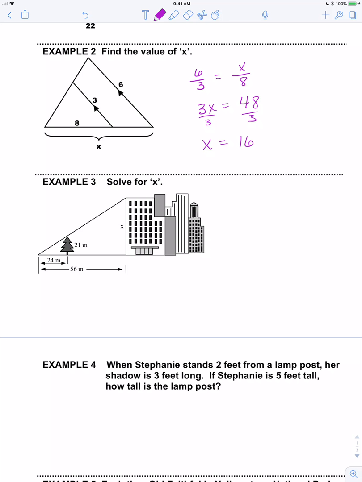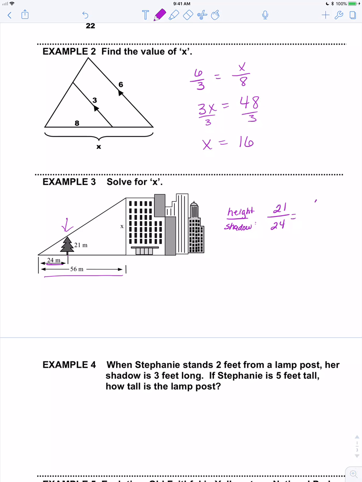You've got a tree here, and the tree is casting a shadow of 24 meters, and the building is casting a shadow of 56 meters. Well, then you can just set up a proportion. The height of the tree over the shadow. The height of the tree is 21, the shadow of the tree is 24.